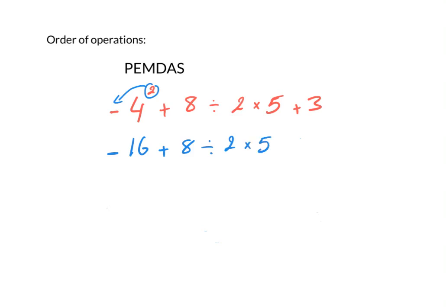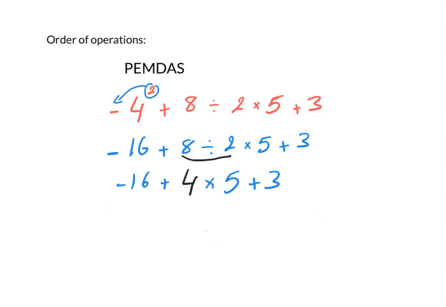Now let's start from the left here. I have addition, subtraction, and division, so we're going to start with division first. So we're going to have negative 16 plus 8 divided by 2, we're going to get 4, times 5 plus 3.